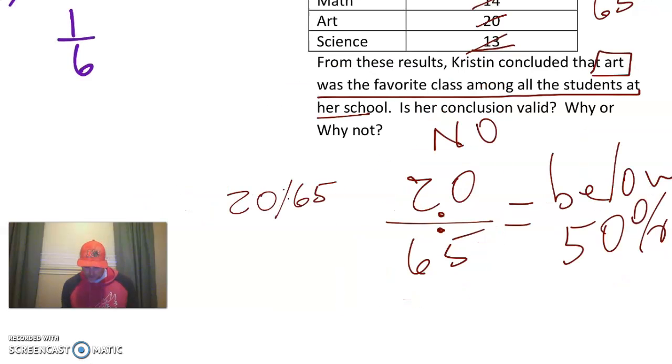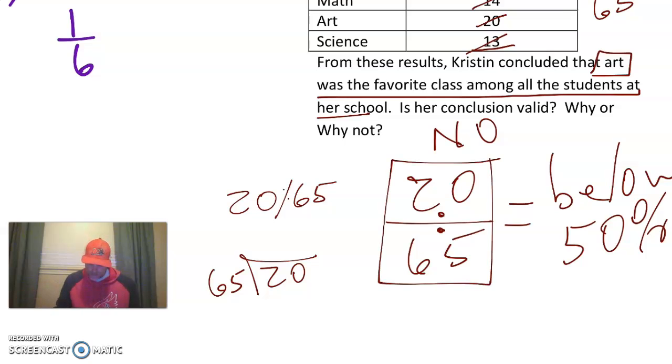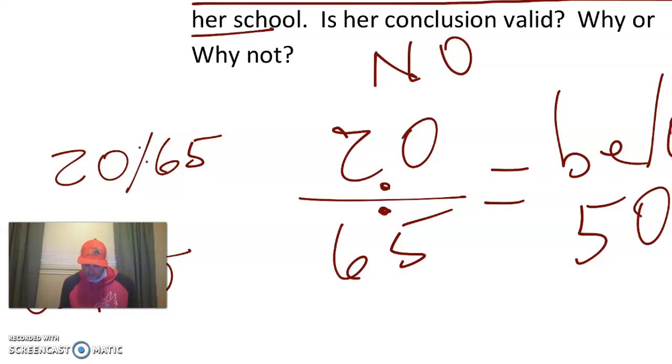So to turn that into a percent, you could do 20 divided by 65. Who thinks that looks like an easy question? I'm guessing nobody, right? So what if we simplified this first? What if we divided it by 5 and got 4 over 13?